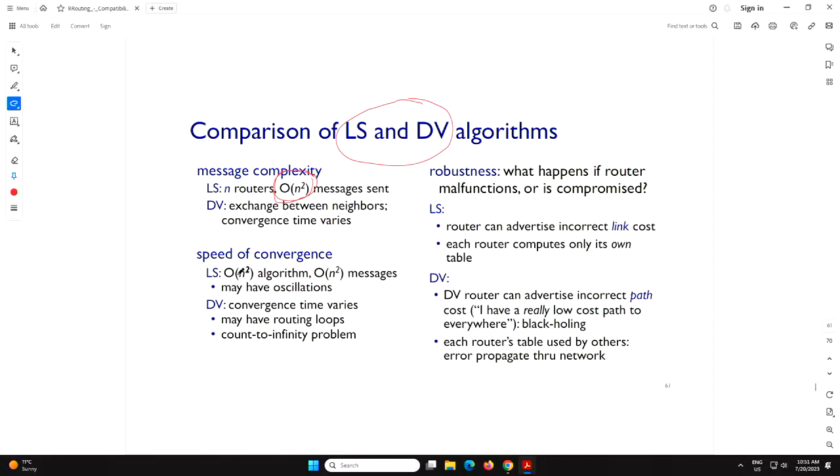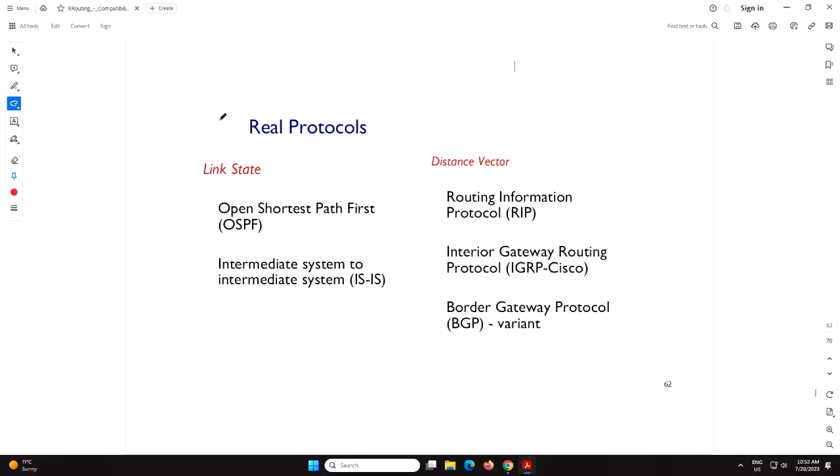The speed, by now, you have perhaps noticed that DV's convergence is slow, right? And it leads to the count to infinity problem. So these are the two main differences, and the rest are not very important.